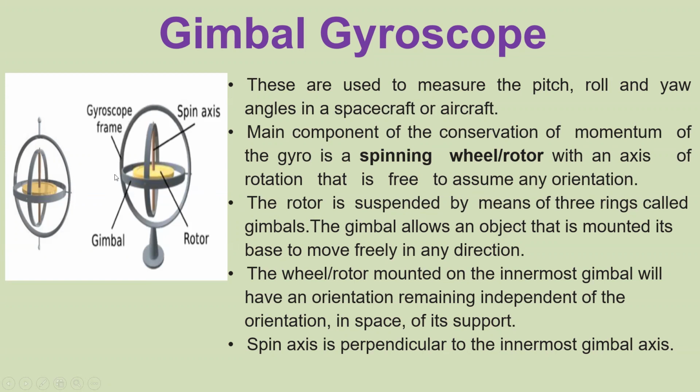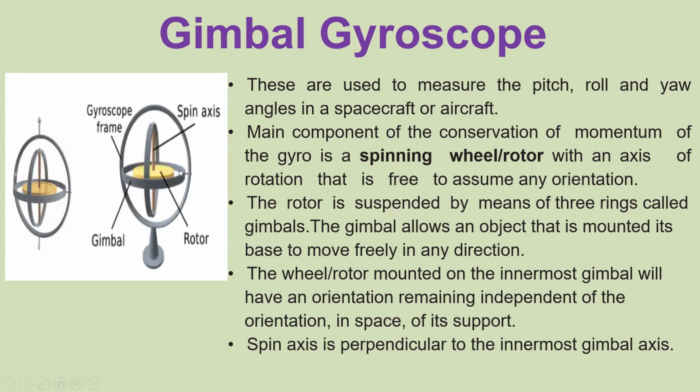And so what is meant by a gimbal? The property of a gimbal is it should allow an object which is mounted on its base to move freely in any direction. For instance, if you take this outermost gimbal, you have two hinge points where this ring is fixed.